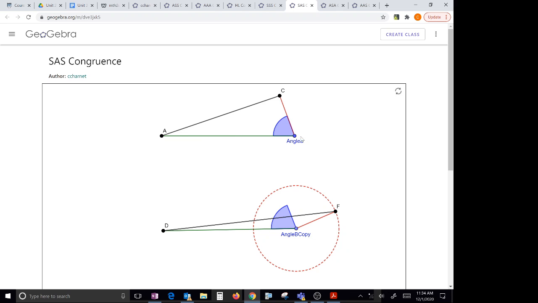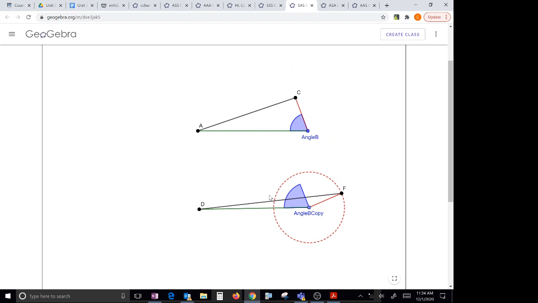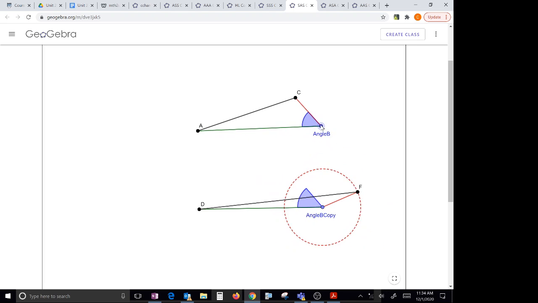Here on this one, again, I've copied this green side and the red side. So the green is a match, the red is a match, and I've copied this angle that's in between my blue and my red line here. So this is a side angle side copy. The third side is free to grow or shrink as I need.